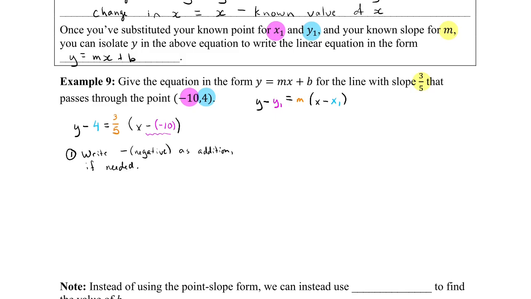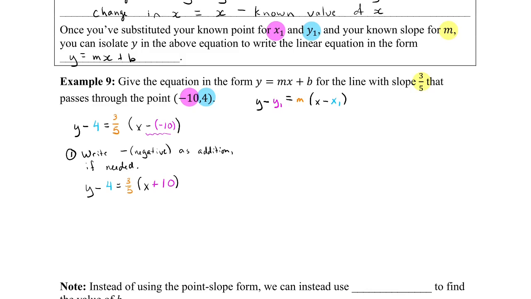Our equation is going to become y minus 4 equals 3/5 times, in parentheses, x, instead of minus -10, we'll have x plus 10. So that was the first step. And this is already simpler than what we had a minute ago, because instead of that minus a negative, we have plus a positive.